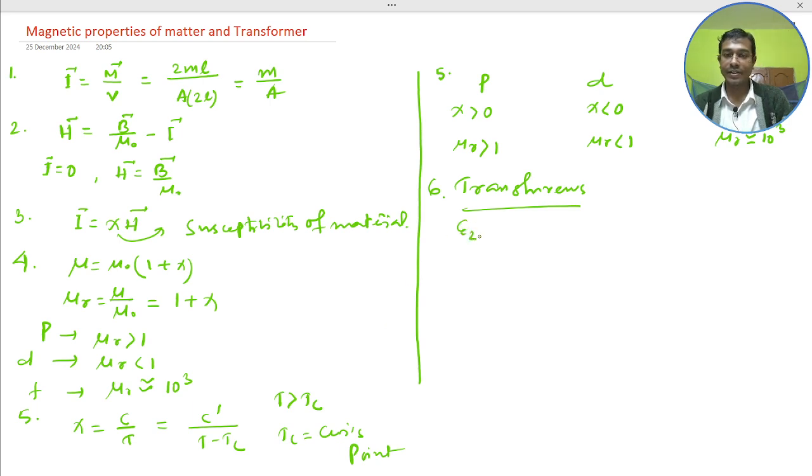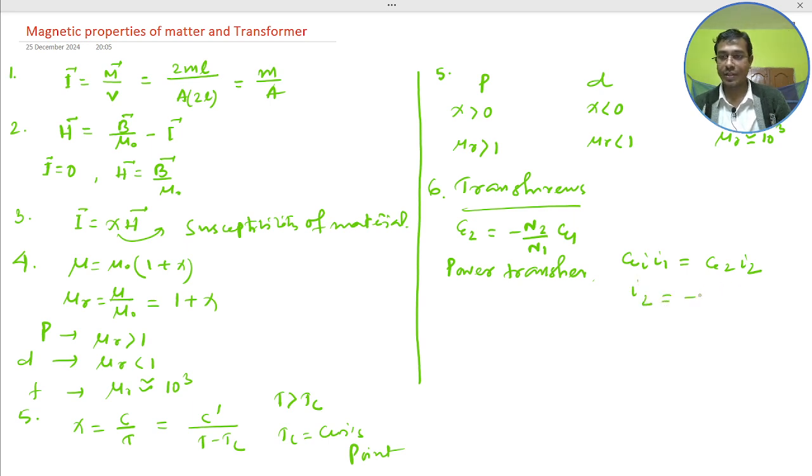The relation is epsilon 2 is minus N2 by N1 epsilon 1, and for power transfer, for our commercial use, epsilon 1 I1 is epsilon 2 I2, so I2 is minus N1 by N2 into I1.